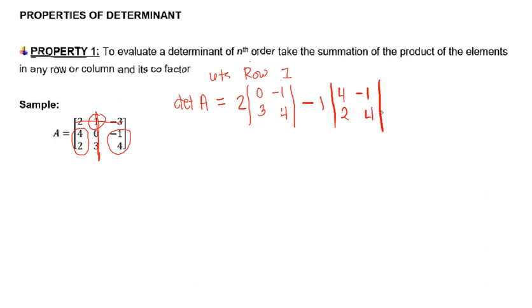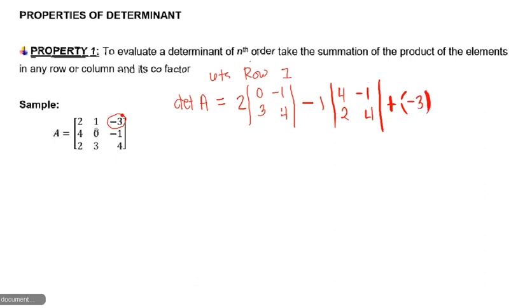And next we have plus. Our third coefficient is this value. All of our coefficients are in row 1. So the next coefficient is negative 3. So we're gonna write plus negative 3.